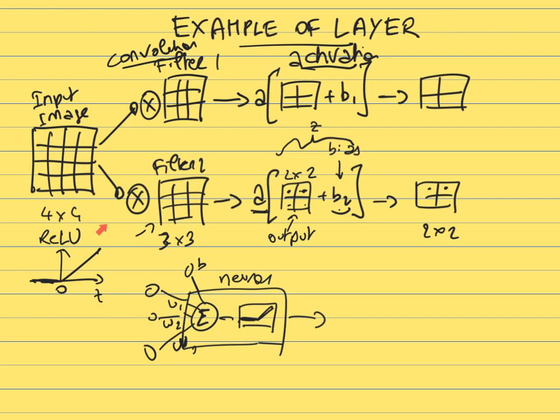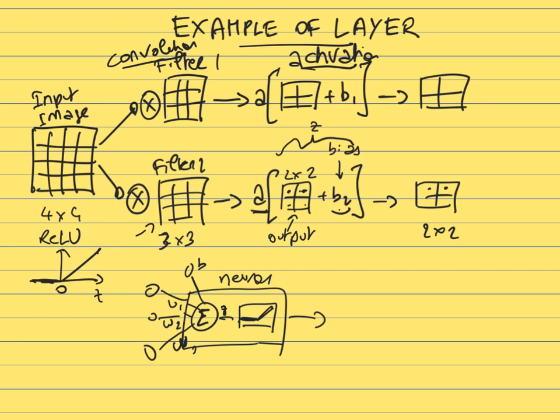This gives you a quantity z, the result of the convolution operation plus the bias. It is exactly the same as when you sum all the neurons with their weights and add the bias, which gives you the value z.